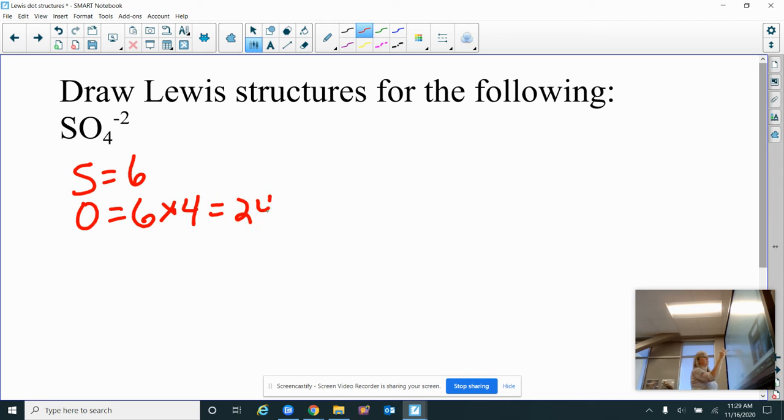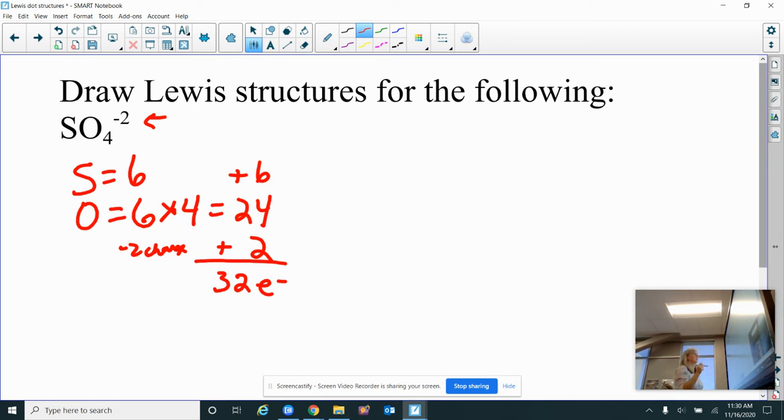So that's 24. And then it's a -2 charge. So that means we have 2 additional electrons for the -2 charge. So we end up with 32 electrons.